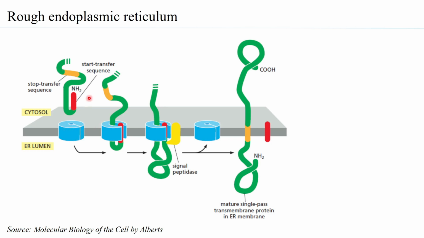The stop transfer sequence is a stretch of hydrophobic amino acids, which is why it is able to interact with the bilipid layer. Please keep that in mind. It is able to bind to the bilipid layer because it is a stretch of hydrophobic amino acids. But the parts that are green are hydrophilic, so they will be pushed inside the ER lumen.